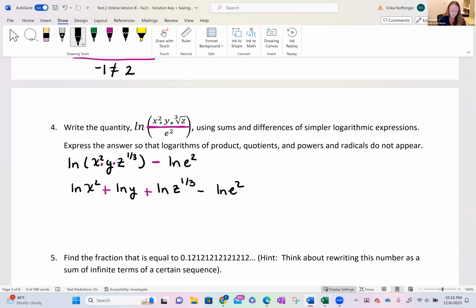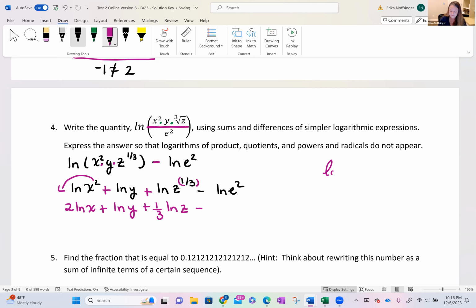So now I'm going to use the rule of logs that says I can bring my power of my argument down front. And so the natural log of x squared is the same thing as 2 natural log of x plus the natural log of y, plus I can bring my 1/3 power down, which gives me 1/3 times the natural log of z, minus, well, the natural log of e squared.